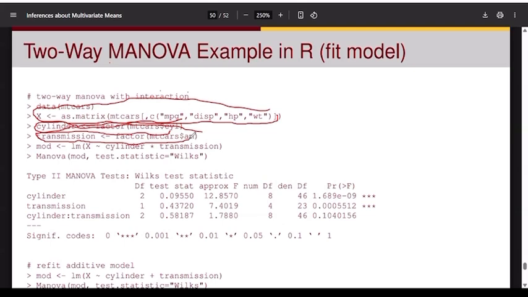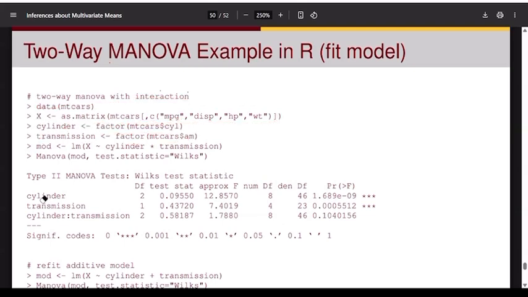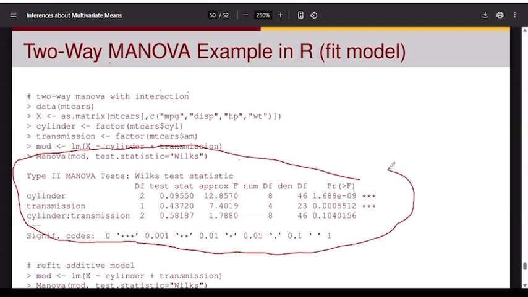Now we can use Wilks' lambda again to test. If you take a look at this, what is that? That is a two-way multivariate analysis of variance with Wilks' lambda. What do you see? This gives me the opportunity to take a decision for cylinder. Having 2 degrees of freedom for cylinder means there are 3 levels of cylinder.